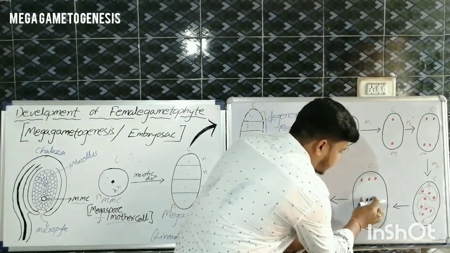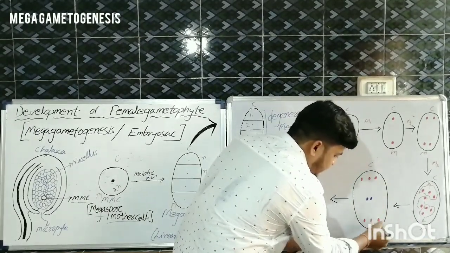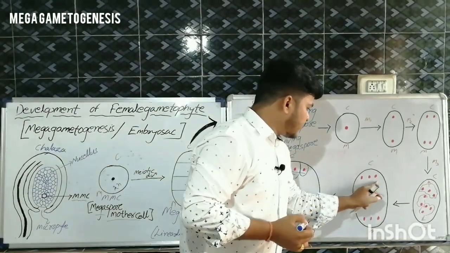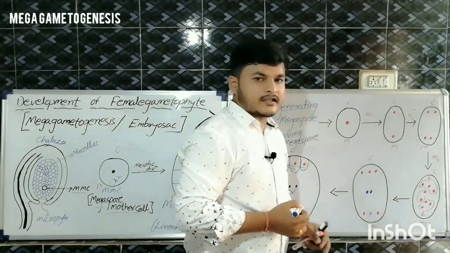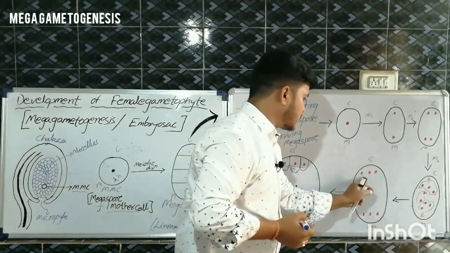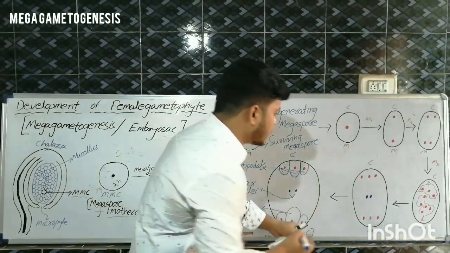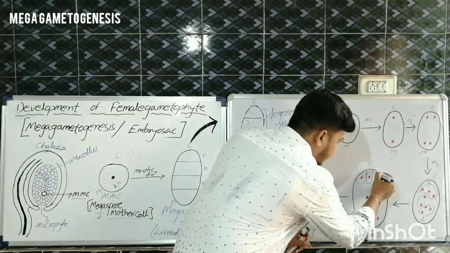These 2 are present in the middle part, 3 go towards the chalazal end, and 3 go towards the micropylar end. Next, these are free nuclei, and around these nuclei cytokinesis takes place. That means in the nutrient medium, the cells develop. Here, 3 cells are going to develop.